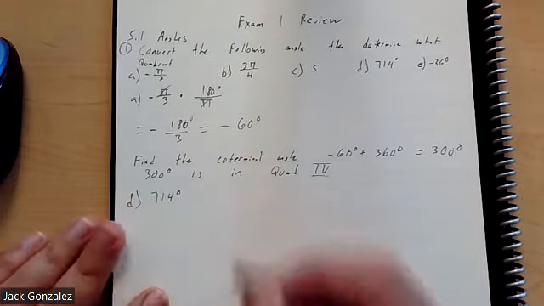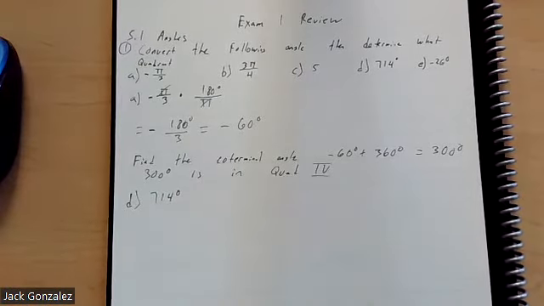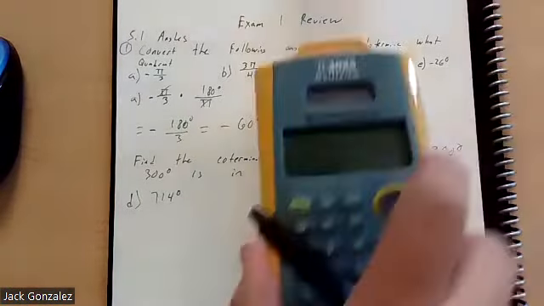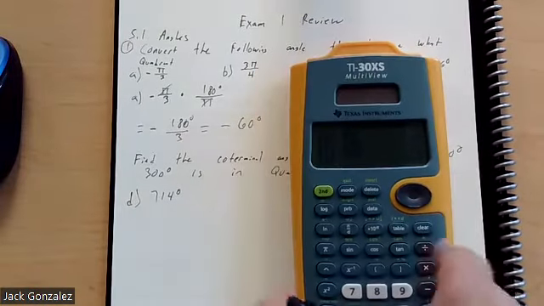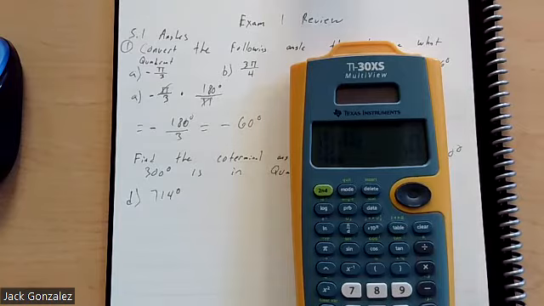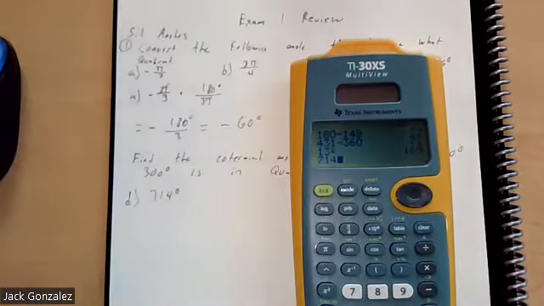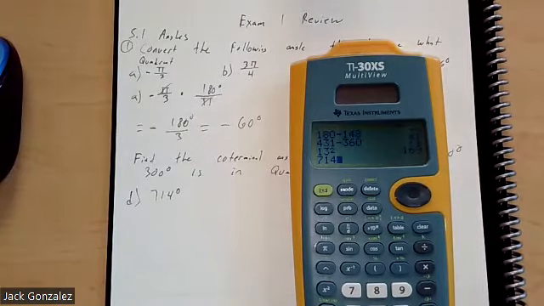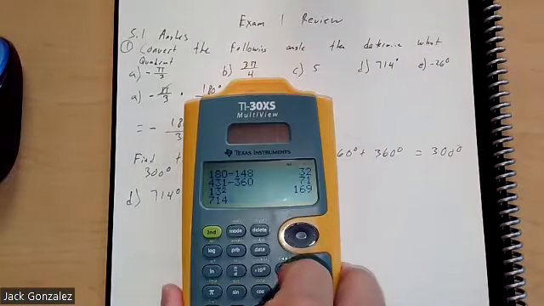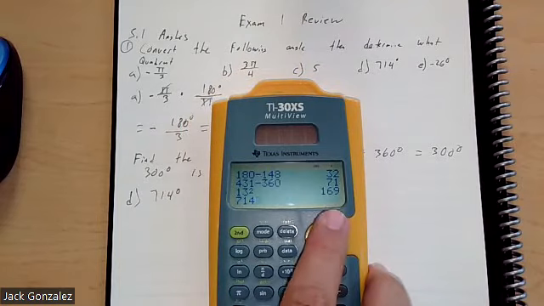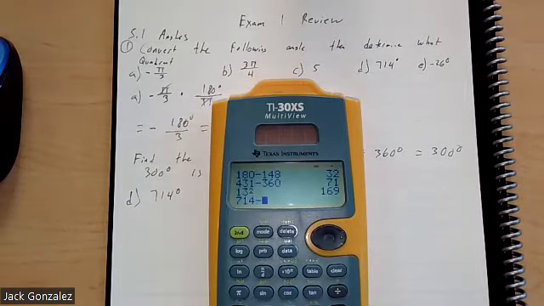714 is greater than 360, right? So let's just subtract until we're below 360. So 714 minus 360.